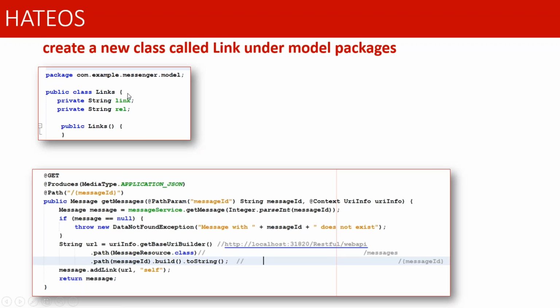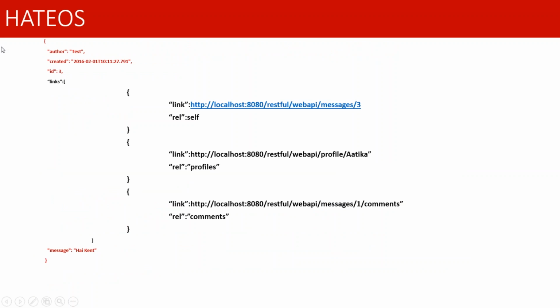So you need to create a new class. Simple, what you have to do is send all the links in the response. Whenever you're sending the response, along with this response, you need to send link 1, link 2, and then the next link.